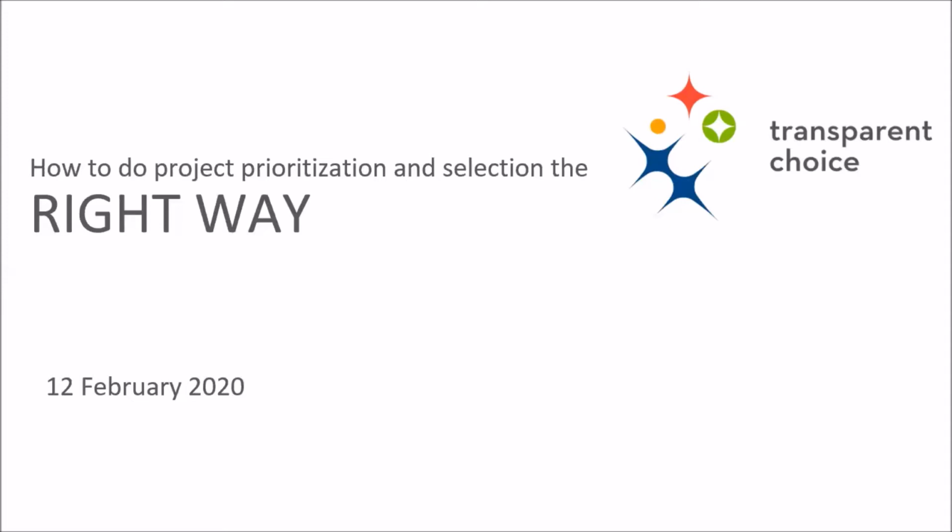And the reason for that is if you hit Google and you go and do a bit of searching, you'll find all kinds of experts, let's call them experts, telling you how to do project prioritization.